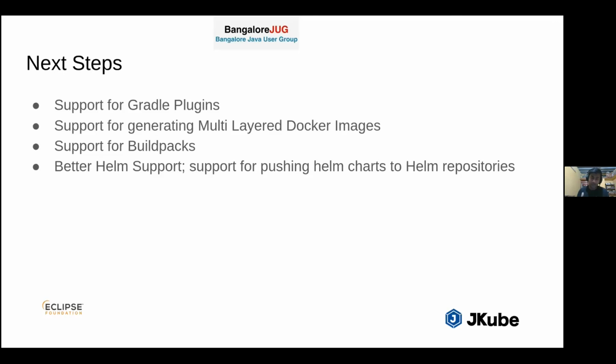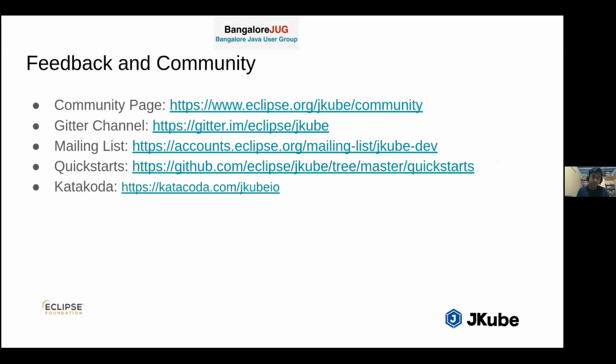So this is a rough roadmap for the coming 6 months, and you are always welcome to join us and provide us more suggestions, more feedback. Maybe your suggestion can also become a part of what we are going to do in the future. Eclipse JKube is an open source project, which means you can also join us and be a part of our community.